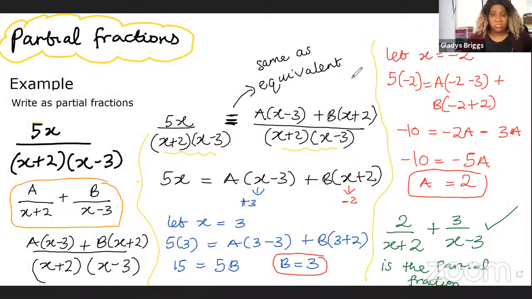Share screen. Oh, stop share. I'm sharing the wrong screen.